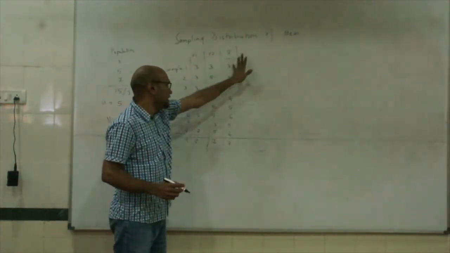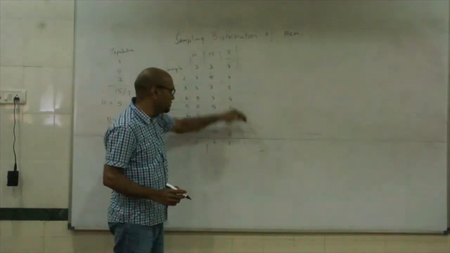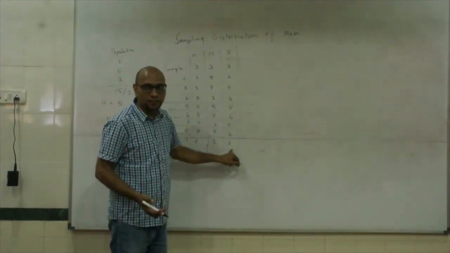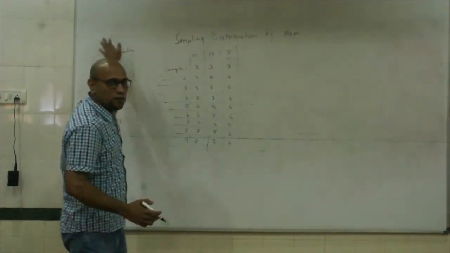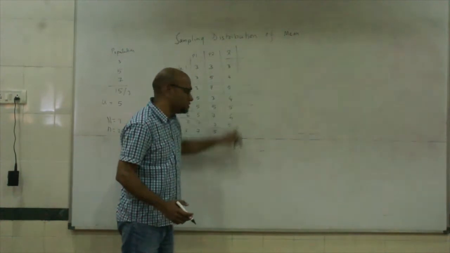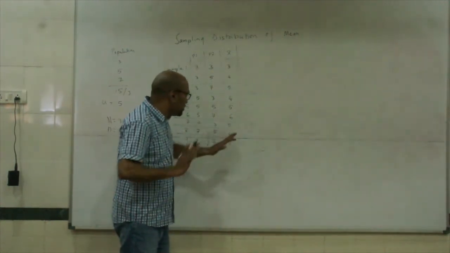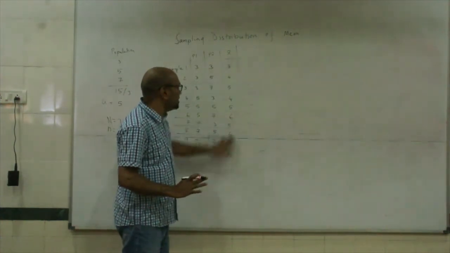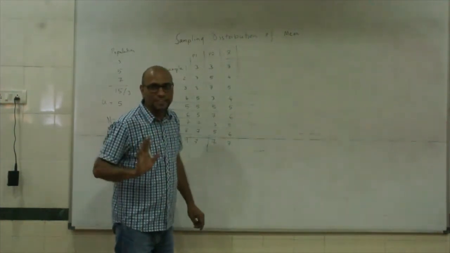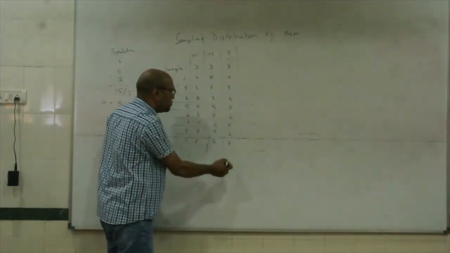So, there are times when the sample mean is 3, there are times when it is 4, there are times when it is 5, there are times when it is 6, and there are times when it was 7. So, with this kind of population, I get sample means from 3 to 7. Right? You also realize that the probability of getting each is not identical, but that's not the question that I'm concerned about right now. Okay? So if I add them up, what's the total?